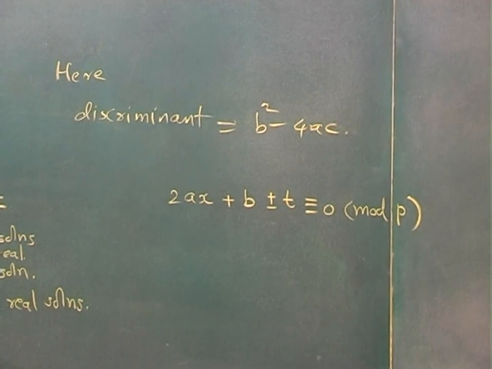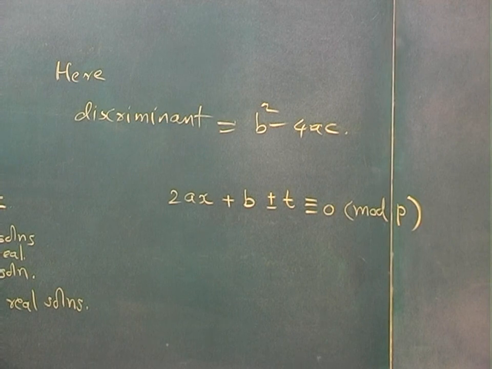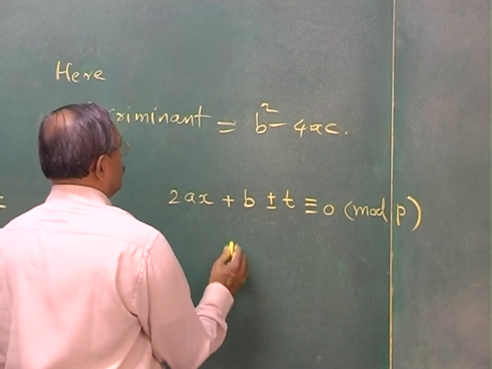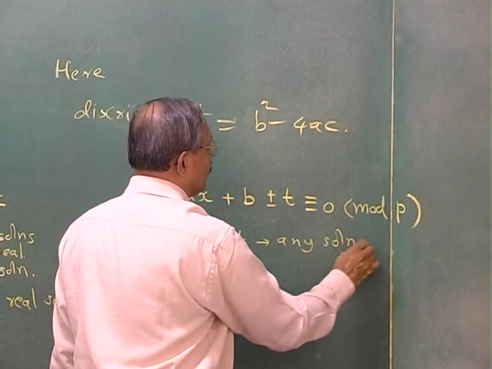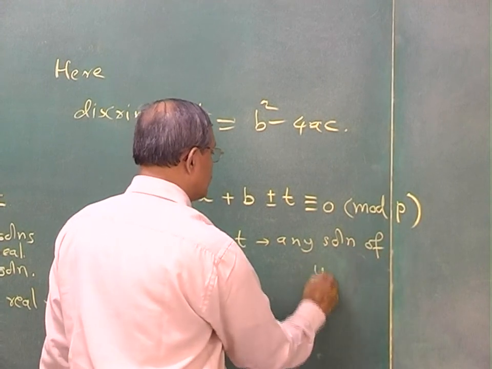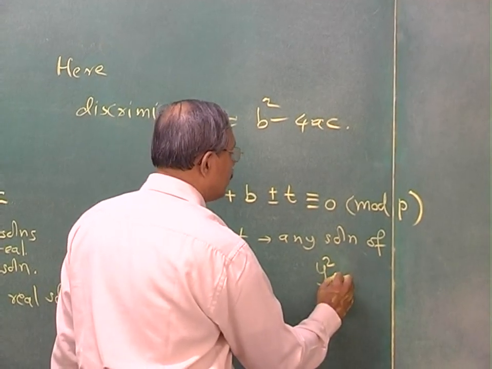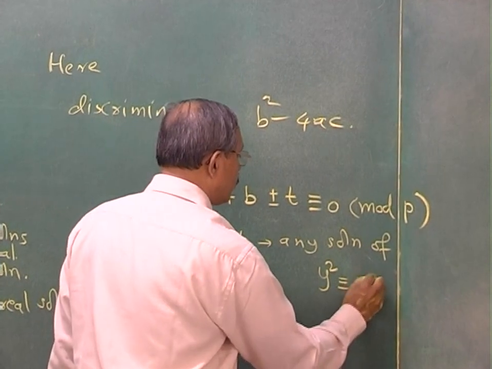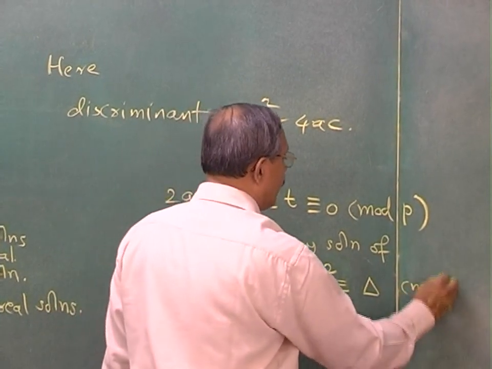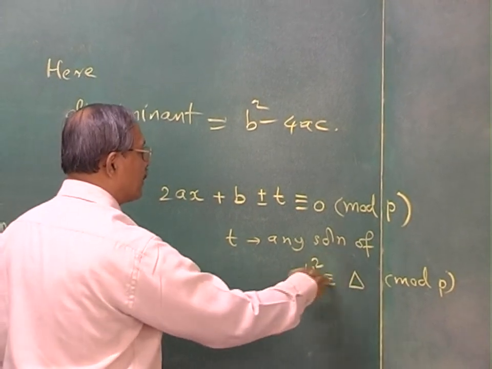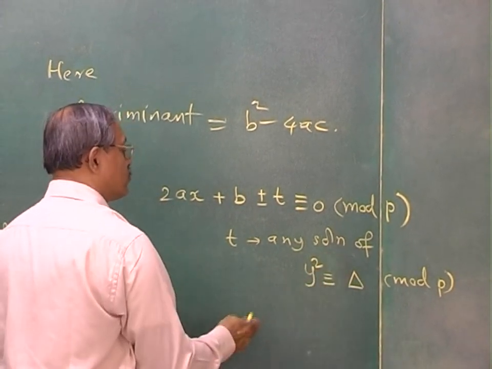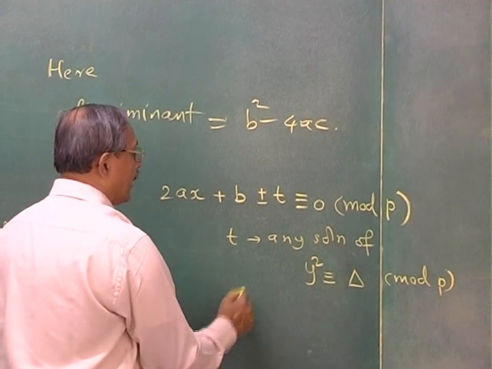T is not uniquely determined. You can take t to be any square root of b square minus 4ac mod p, any solution mod p. So t, any solution of y square congruent to delta mod p. That is, there are two square roots. Because once it is the square of an integer, there are two square roots mod p. Any one you can take.